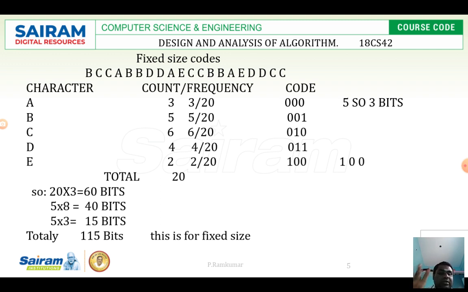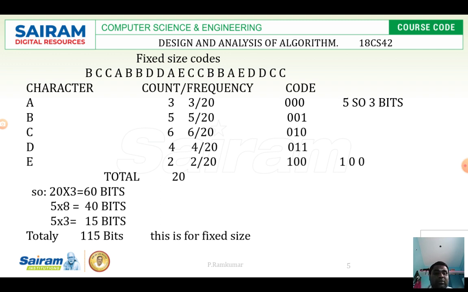I am going to label them from 0 to 4. So A will be represented 000, B will be 001, C will be 010, D will be 011, E will be 100. These are the binary representations of 0 to 4.